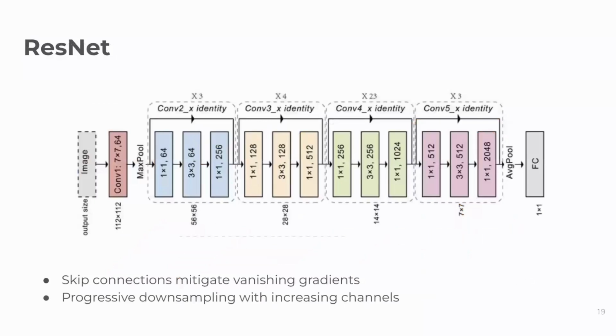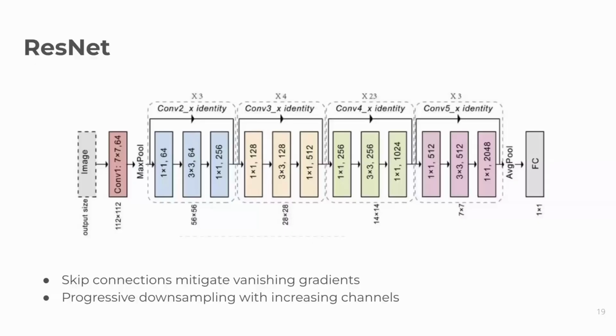Yeah, this is another example of a CNN model that was developed right after AlexNet. The main purpose was to solve the issue of vanishing gradients, because the deeper you go in the layers, some gradients might vanish.